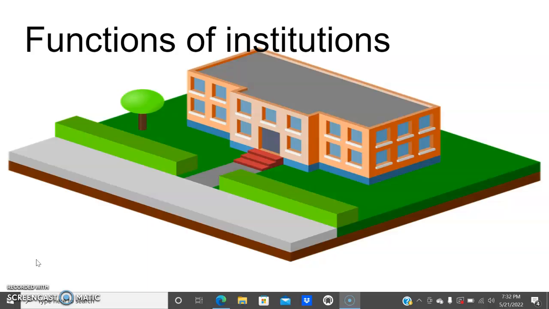Well, if you are thinking that, and there are more than one definition, let us establish that there are more than one definition for the term institution. So if you're thinking that institutions are some widely shared beliefs, social norms, or procedures which satisfy our basic needs as humans, you are definitely correct.